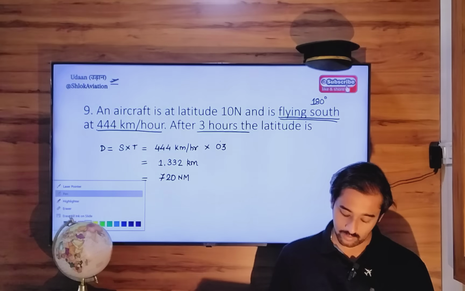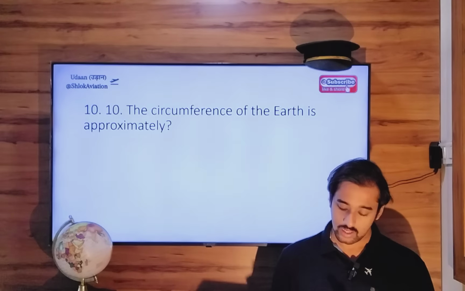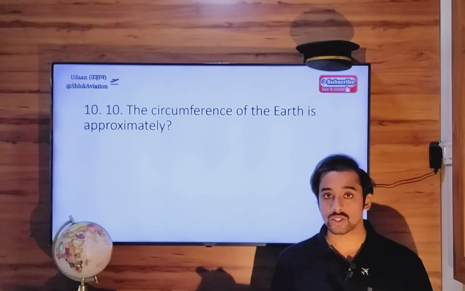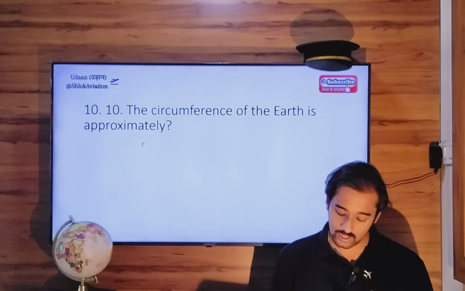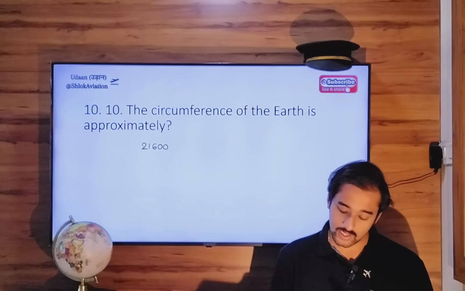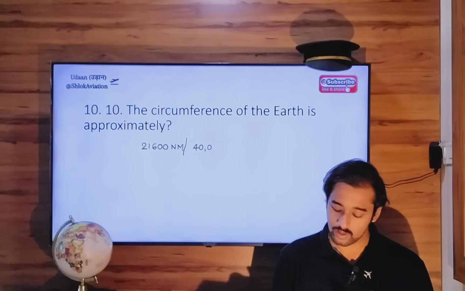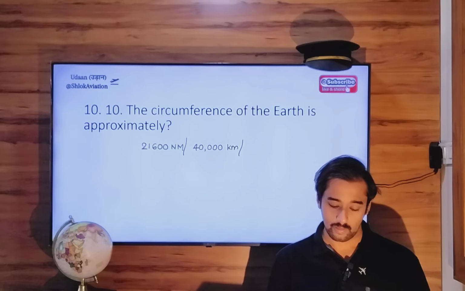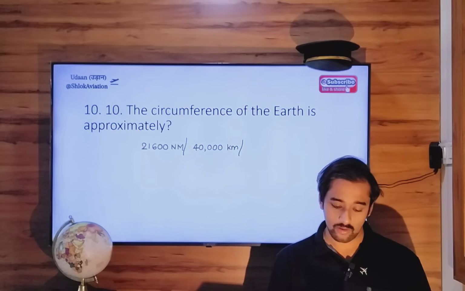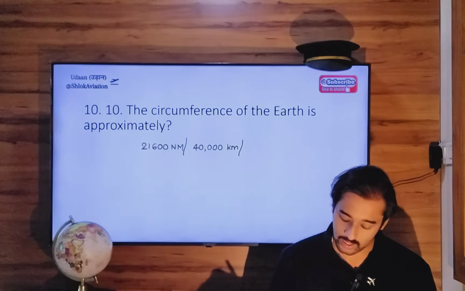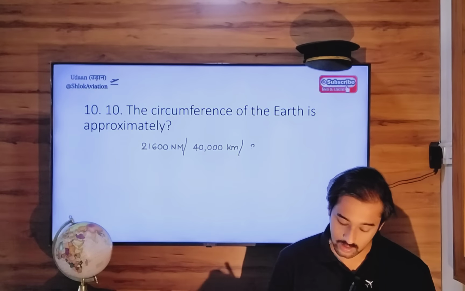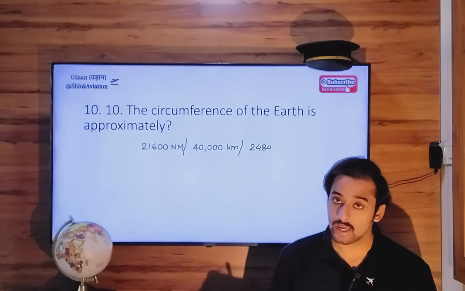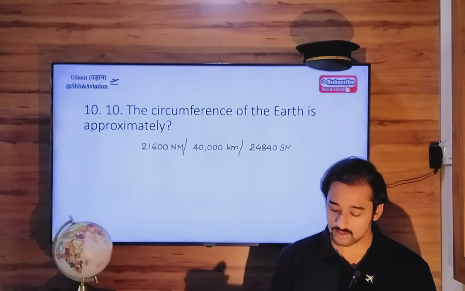Next, question number 10. The circumference of the earth is approximately how much? The circumference of the earth is 21,600 nautical miles or 40,000 kilometers, or 21,600 into 1.15, that is 24,840 statute miles.